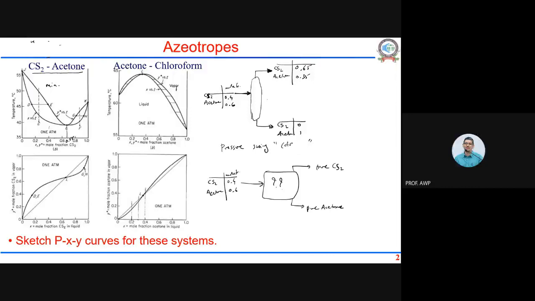What operation? Column is a physical process, a physical separation process. Is column a separation process? No. Tell me the name of a separation process. Or if you want to do distillation, fine. What will I do to this to get me pure CS2?